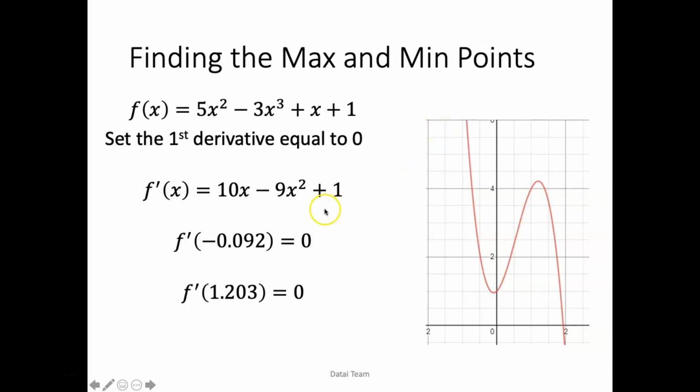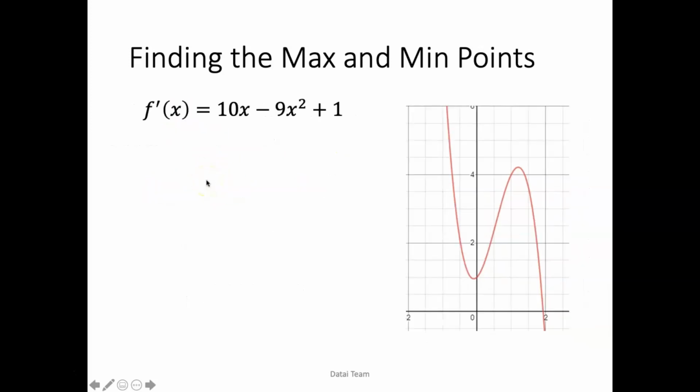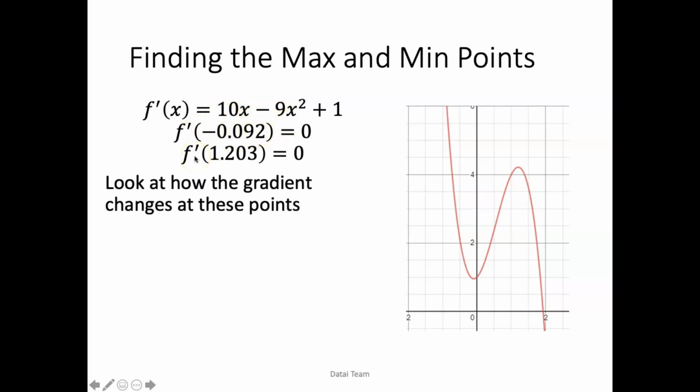We can see their mins and maxes by looking at the graph, but how would we know if we didn't have a graph? We will look at how the sign of the first derivative changes. So this is our derivative. These are the points that we want to check. And we'll look at how the gradient changes at these points.